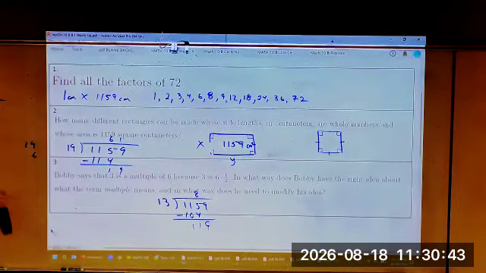A common, huh? We'll see if you do this question. It's hard to say. Without a calculator.